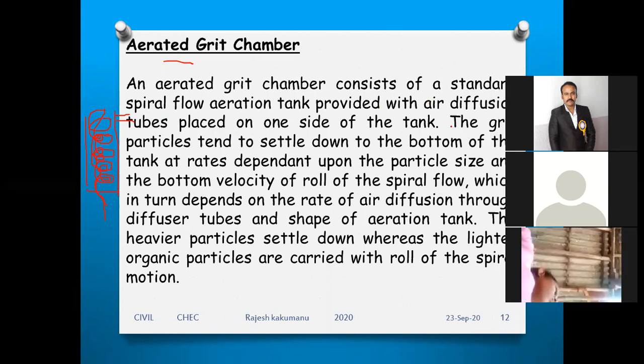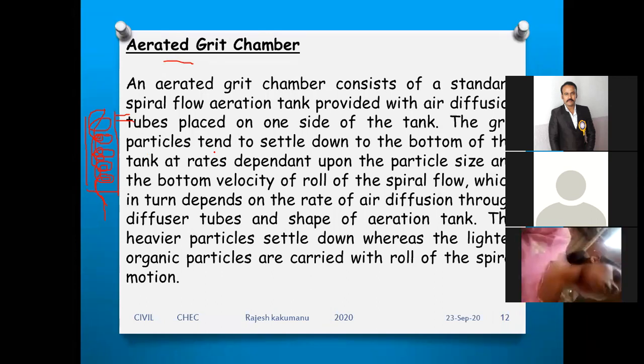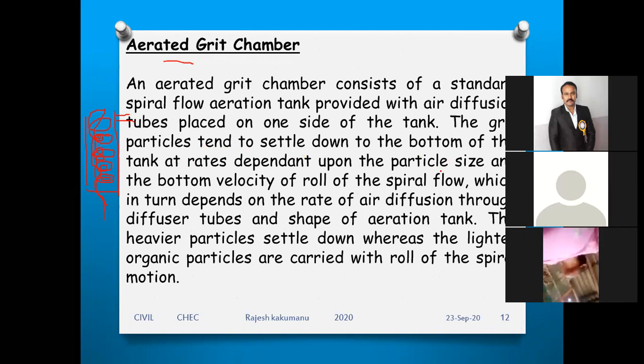Next, the grit particles tend to settle down to the bottom of the tank. So what happens in this phase? The suspended grit particles tend to settle down to the bottom of the tank at rates dependent upon the particle size and the bottom velocity of the roll of the spiral flow.